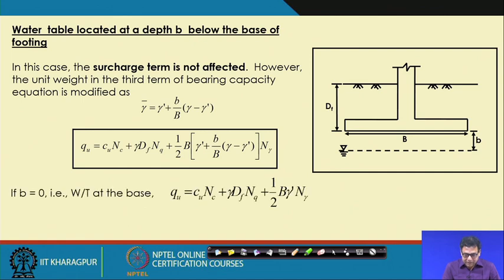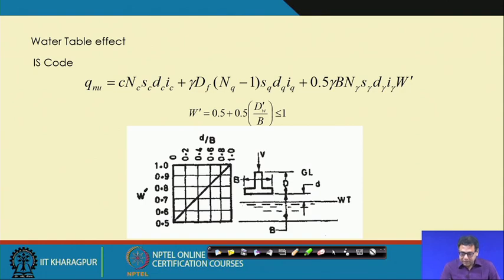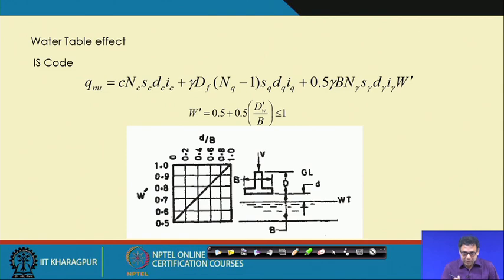But if it is the IS method, then it is recommended that if the water table is at the base of the footing or above, then W dash is always 0.5. So, for the second term you do not need to apply any corrections, because it is mentioned that if it is above the base of the footing, then it is always 0.5, and this is the W dash.